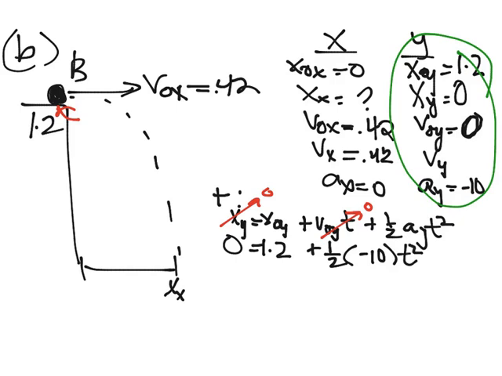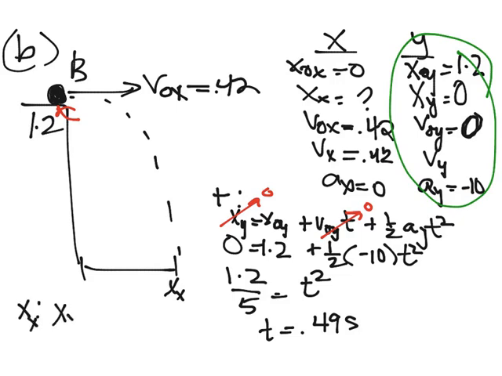Okay, I can move these to the other side, and I end up with 1.2 divided by 5 is equal to t squared. All right, and you get t is about 0.49 seconds.